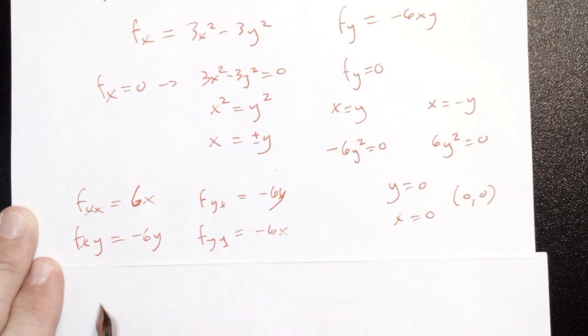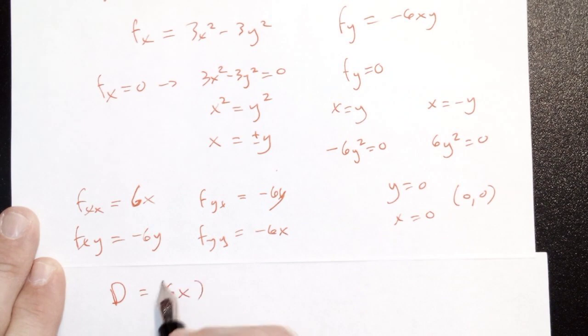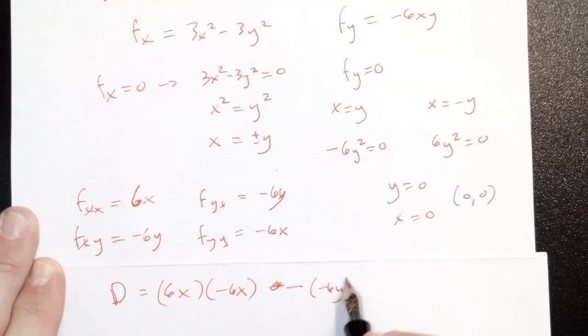So now I do my discriminant, and I get 6x times negative 6x minus negative 6y times negative 6y, which is negative 36x squared minus 36y squared.